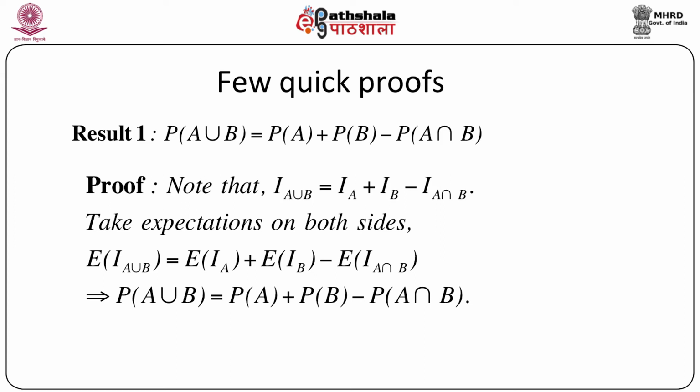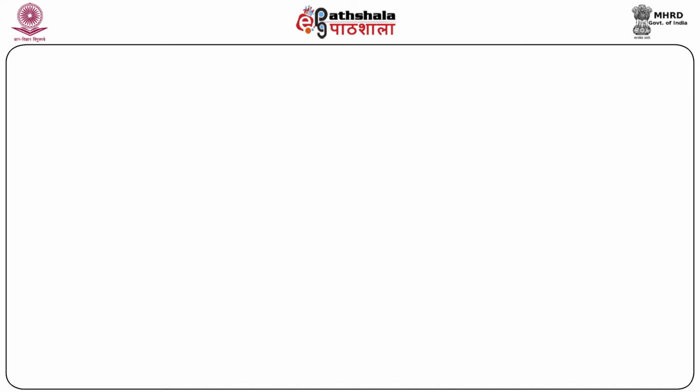So the natural question is, can we prove similar kinds of results in probability theory using indicator functions? The answer is yes, in most of the cases, probably if not in all the cases.